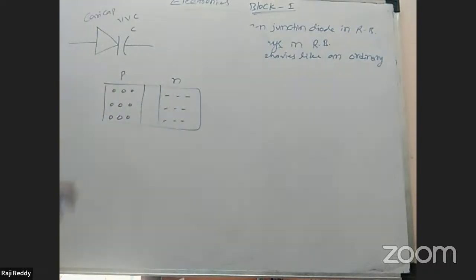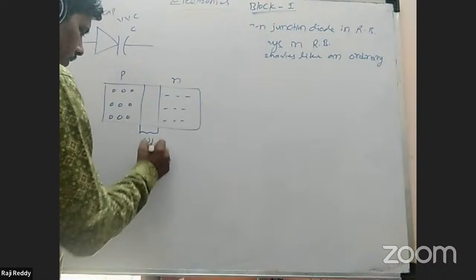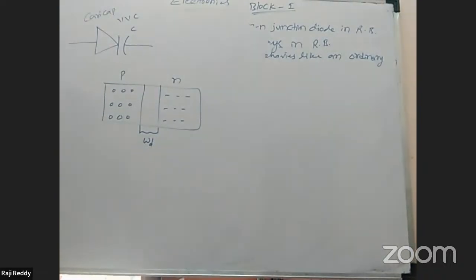Either side of the depletion layer, there is a region of uncovered charge on either side of the junction that together make up the depletion region and define the depletion width. The depletion layer width is WD.